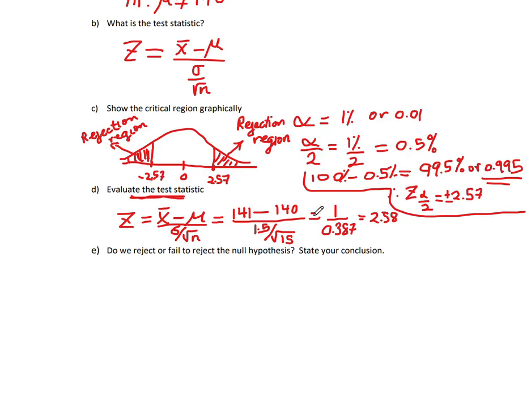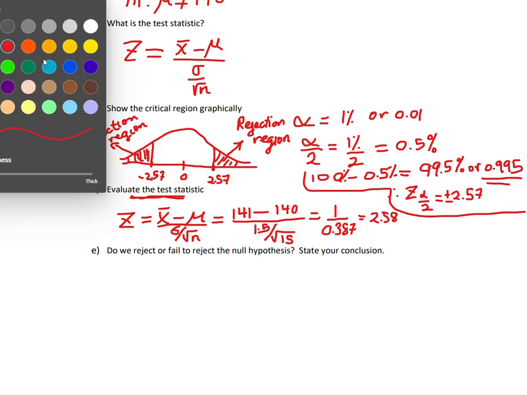So now we have to ask ourselves the question, where on this standard normal curve that we have labeled would 2.58 fall? Well, 2.58 would fall slightly to the right of 2.57. Remember that 2.57 here begins the rejection region.